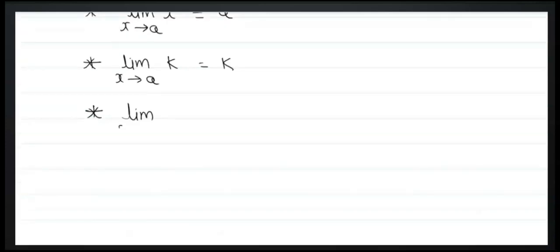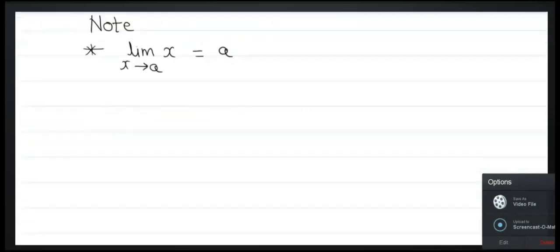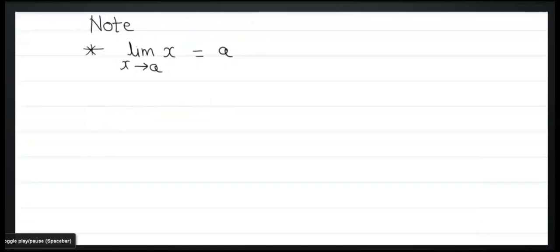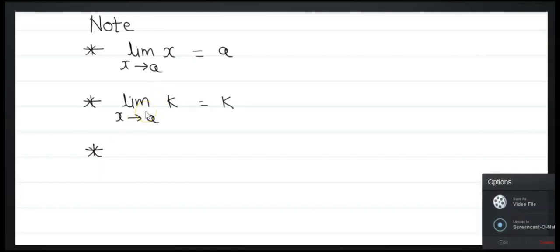Now the next formula is limit as x tends to a of the constant k, or the limit of k as x tends to a, is equal to k.